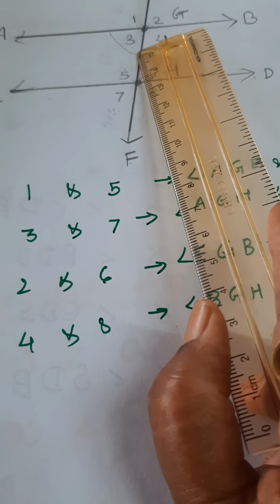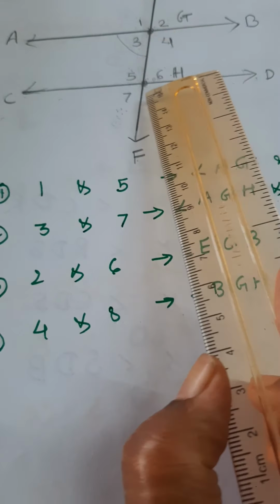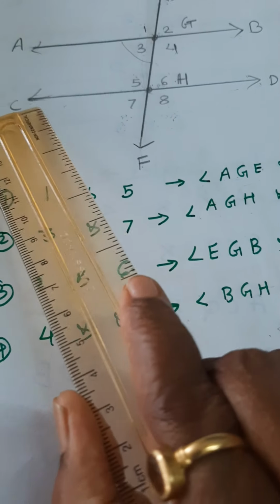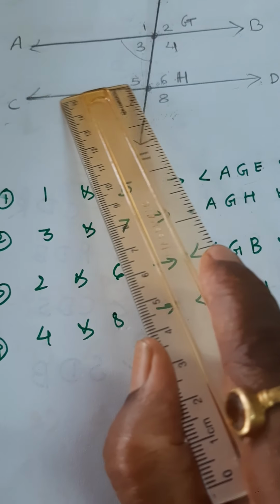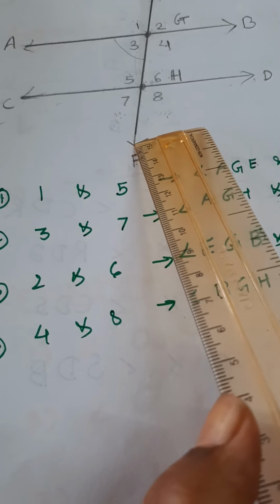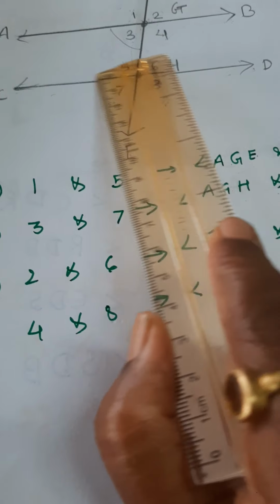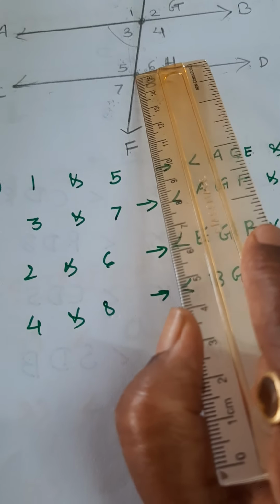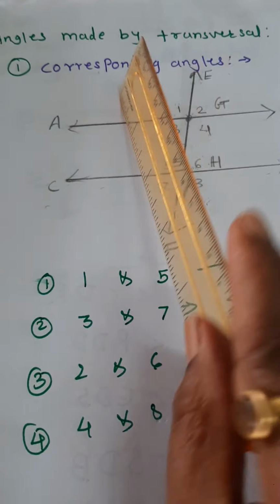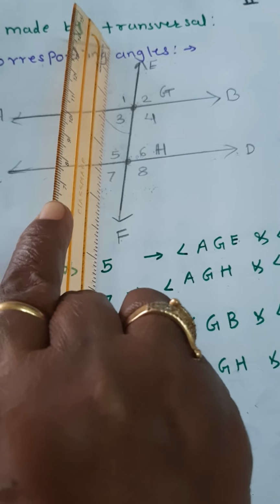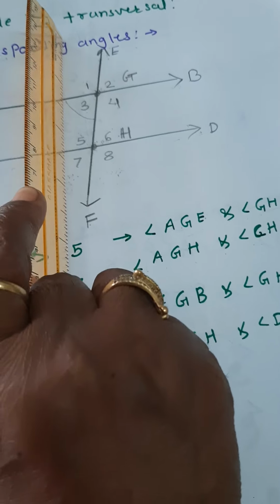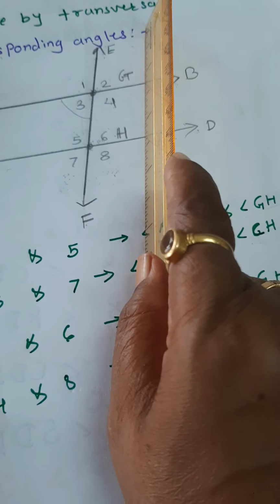And which is the corresponding angle of angle number 3? Angle number 7. How is it formed? CHF or you can write FHC. H should be in the middle. Like this, 2 pairs are on this side of the transversal and the remaining 2 pairs are on opposite sides of the transversal.